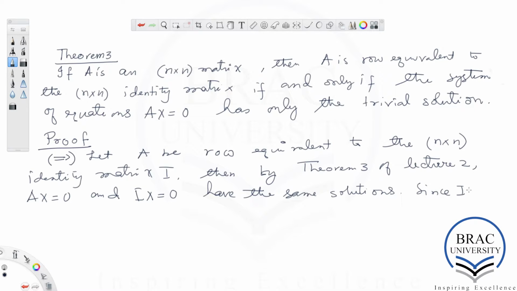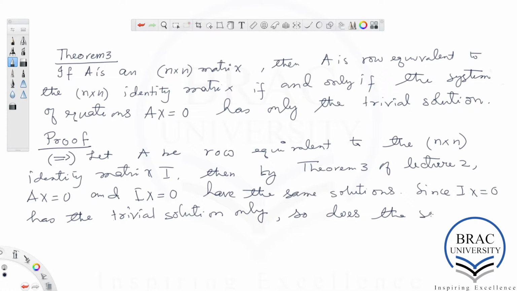Since Ix is equal to 0 has the trivial solution only, so does the system Ax is equal to 0.